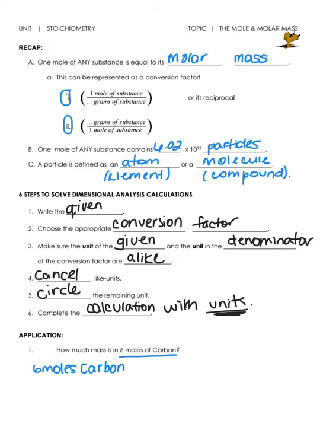Step number 2 says to choose the appropriate conversion factor. So the conversion factor I'm going to choose is the one that has moles of carbon in the denominator, and it'll have grams of carbon in the numerator.